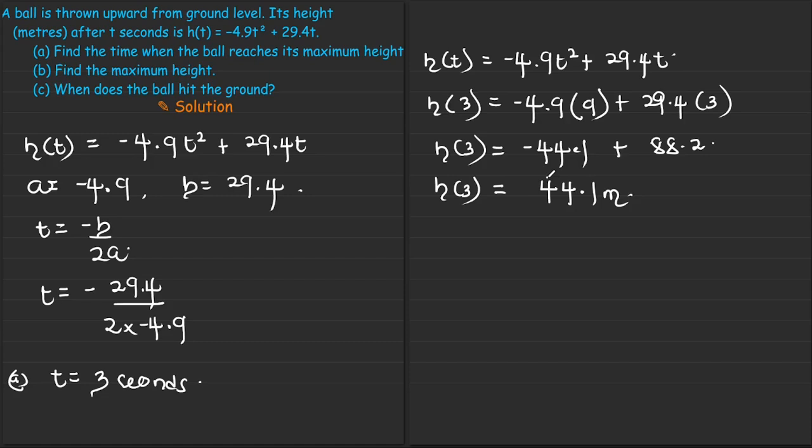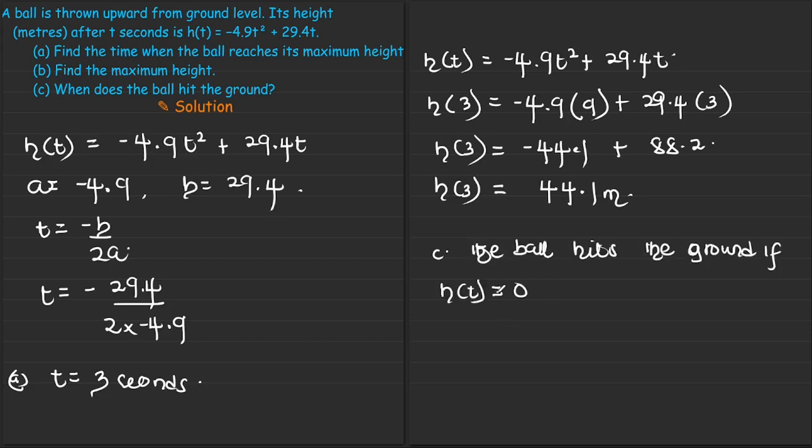Our last question says, when does the ball hit the ground? So if the ball is to hit the ground, it simply means the height is 0. And the height is what? H. So for part c, the ball hits the ground if H is equal to 0.